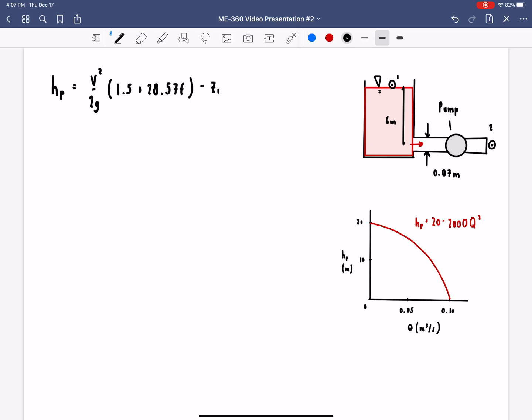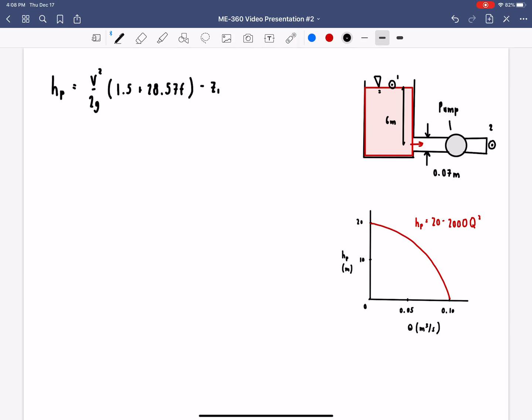And we know from this graph here that our head gain is also equal to 20 minus 2,000 Q squared. So we can substitute that in for the left side of the equation to solve for our volumetric flow rate, which is exactly what we're going to do.